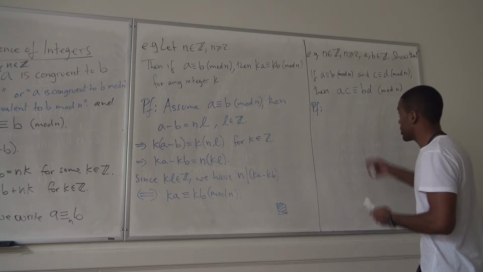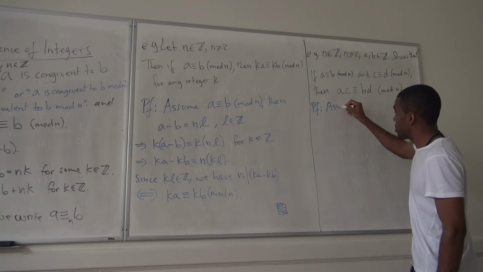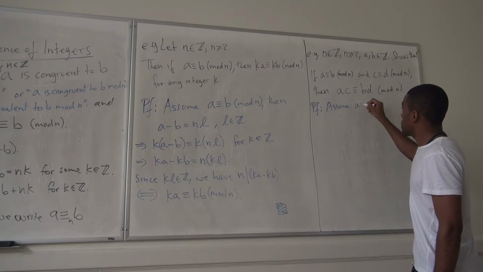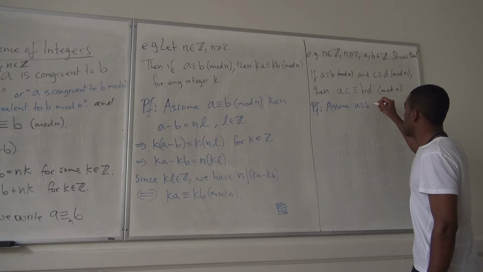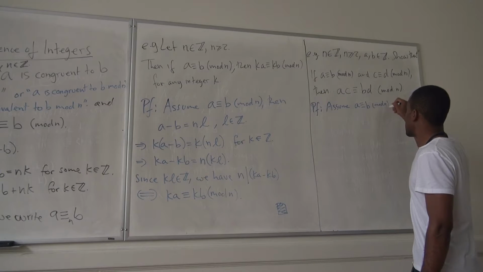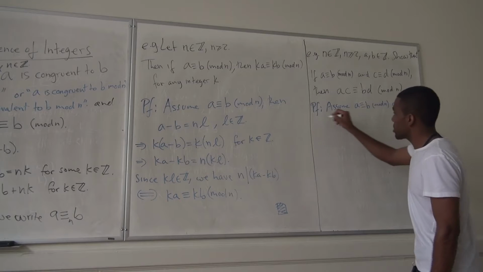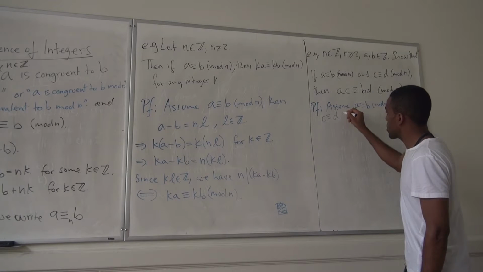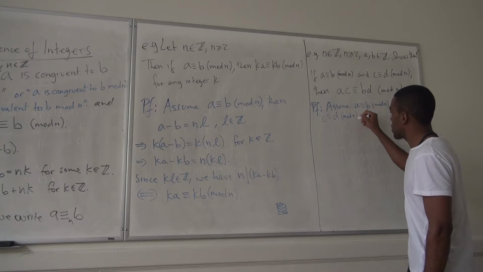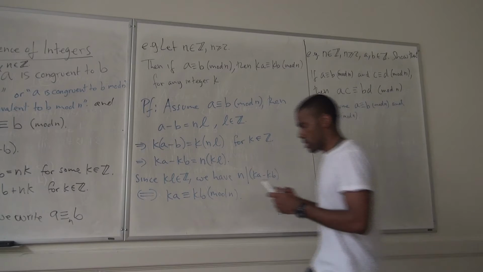Ideas? I would go directly. So let's assume that A is equivalent to B mod n and C is equivalent to D mod n.